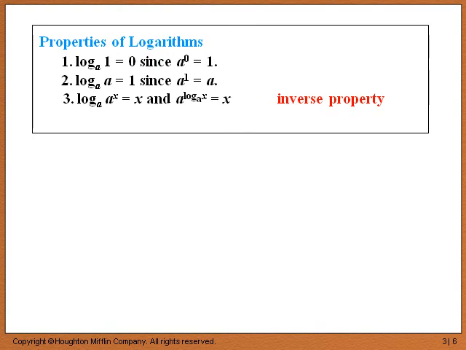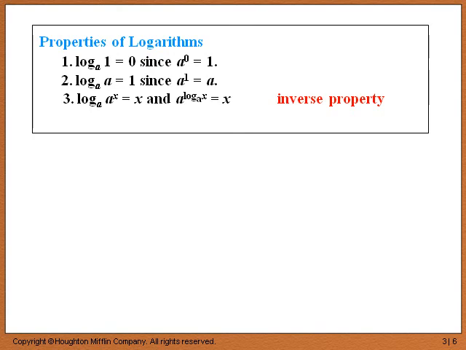And we end up with x because, if a logarithm is an exponent, and log base a means what exponent do we have to raise a to in order to get a to the x, well, it becomes obvious that we have to raise a to the x to get a to the x. So that's why log base a of a to the x equals x. Take a moment to look at that and convince yourself of it. This simply illustrates that the logarithmic function and the exponential function are inverses of each other, and all that means is that they undo each other.